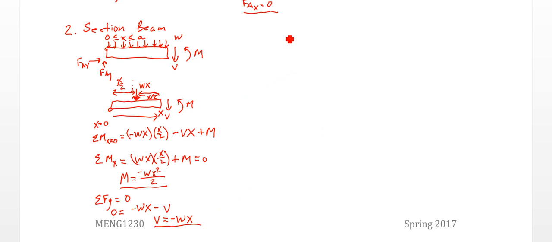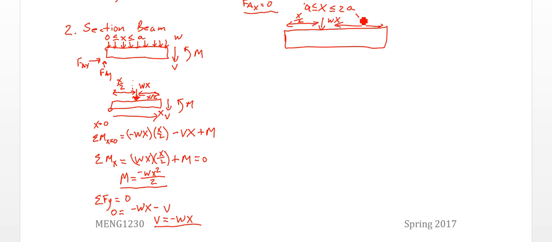My other section of the beam. So now I'm looking at a section from A less than or equal to x less than or equal to 2A. So I have Wx, and that's acting at x over 2 on both sides of this.